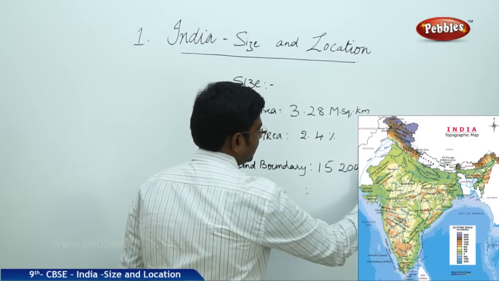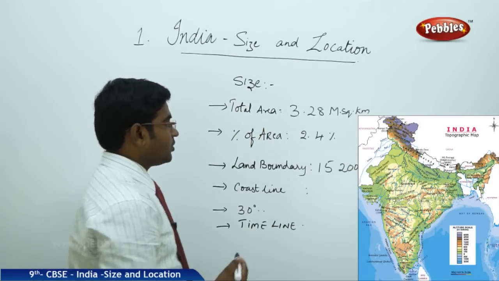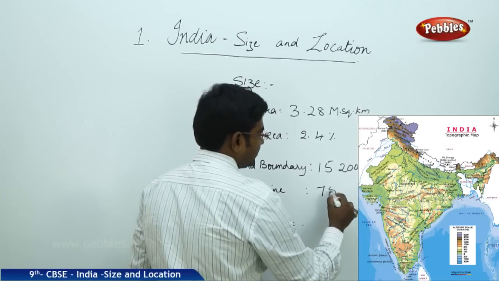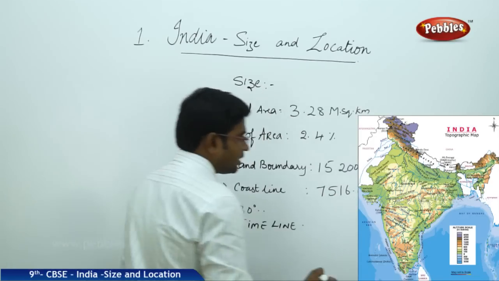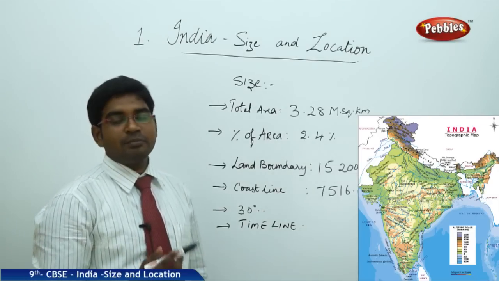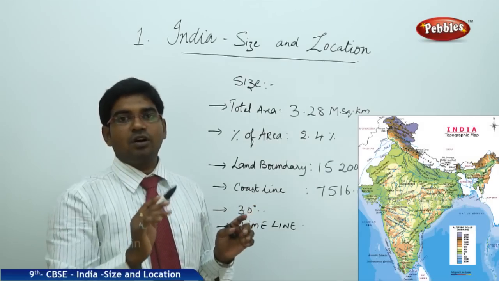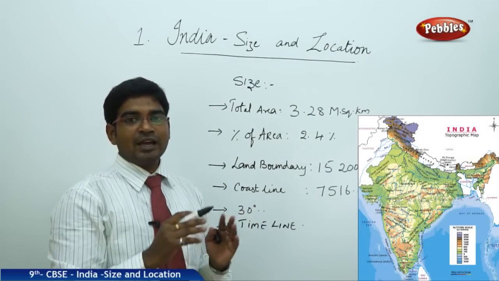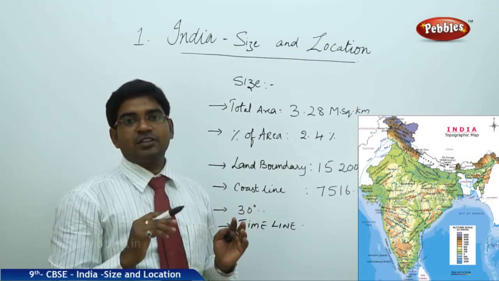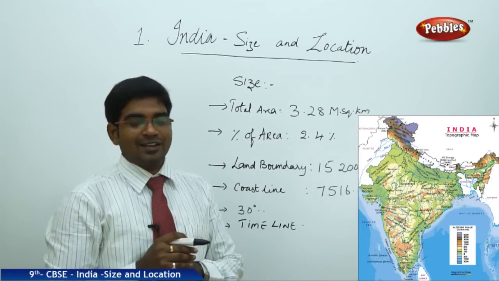Now, the entire land boundary of India is 15,200 kilometers, while the coastline boundary is 7,516.6 kilometers. The entire land boundary means the region covering all the land boundaries of India, from Kashmir, covering points like the eastern region, Kanyakumari region, Gujarat region, and then back to Kashmir.